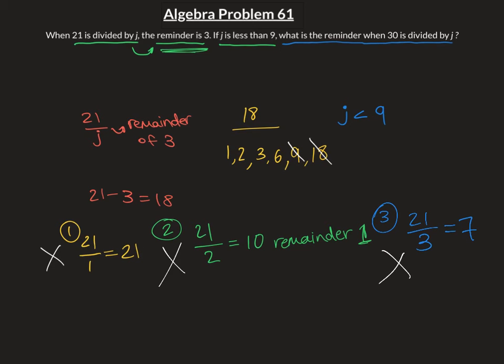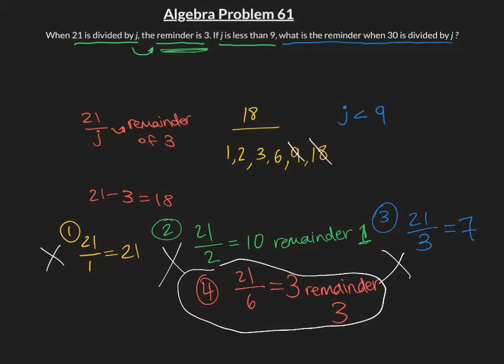Let's take a look at our final scenario, scenario 4, where j is equal to 6. 21 divided by 6 is equal to 3 remainder, because 3 times 6 is 18. 21 minus 18 is 3. So 3 remainder 3. Therefore, our final scenario is this one.